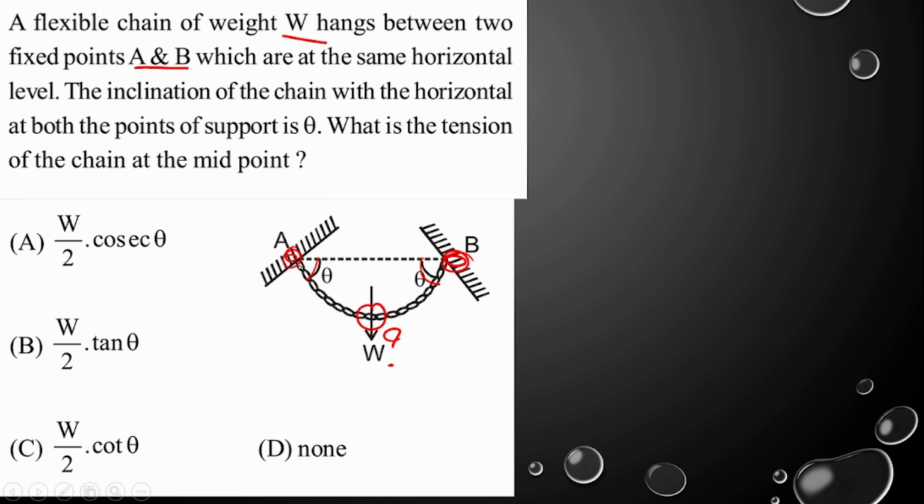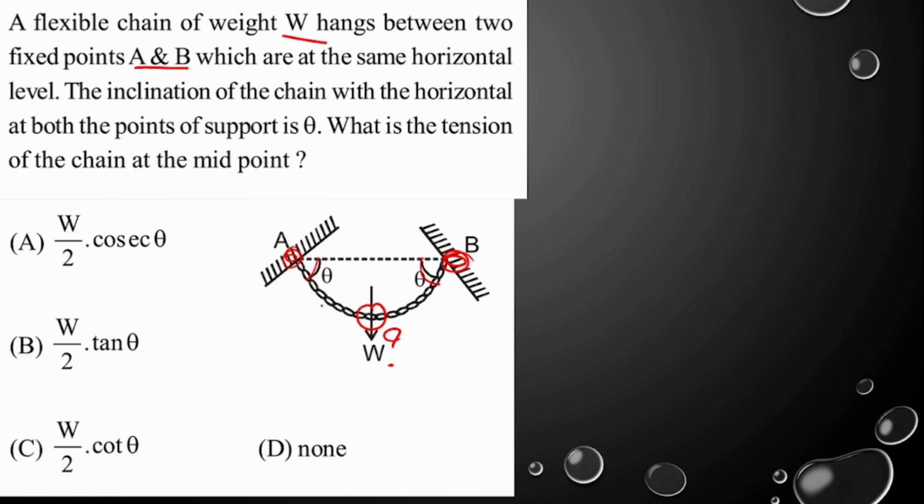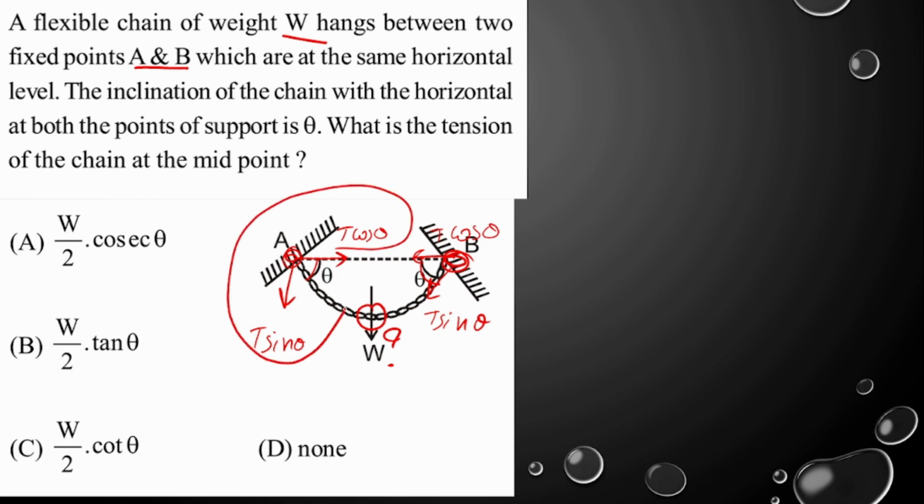Here we will have tension T cos theta and T sin theta at each end. If we take a close look, we will have the same force applied on the wall, so by the same force the chain will be pulled.